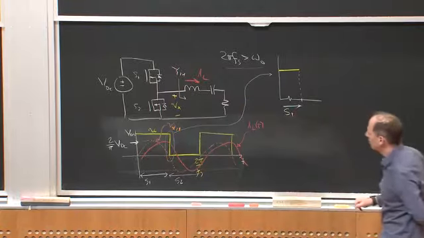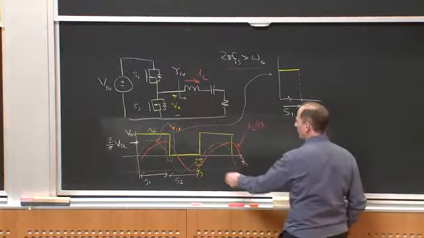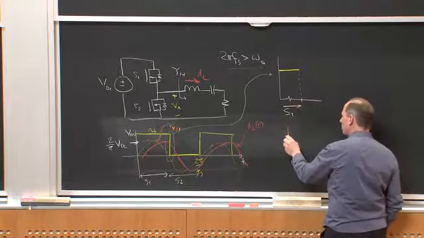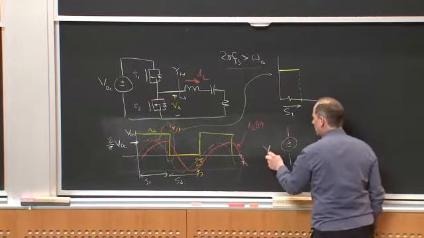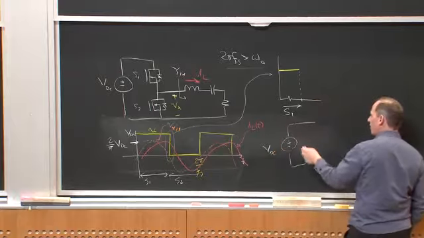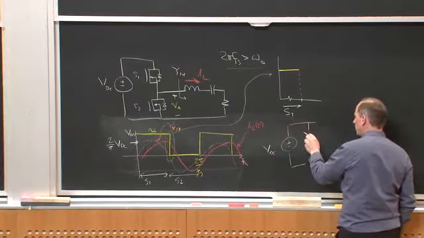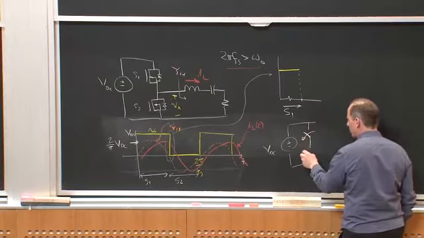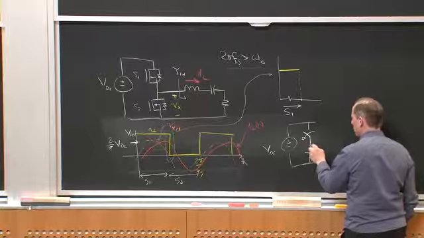So if I were to think about this switching transition, at that particular time, here's VDC. What I'm doing is opening this switch, and then this switch is already open, but there's a diode here, okay?